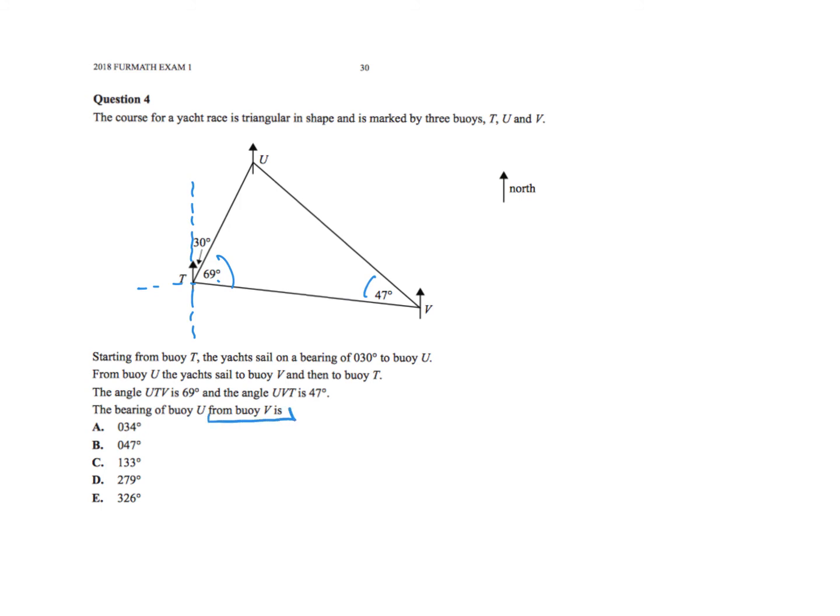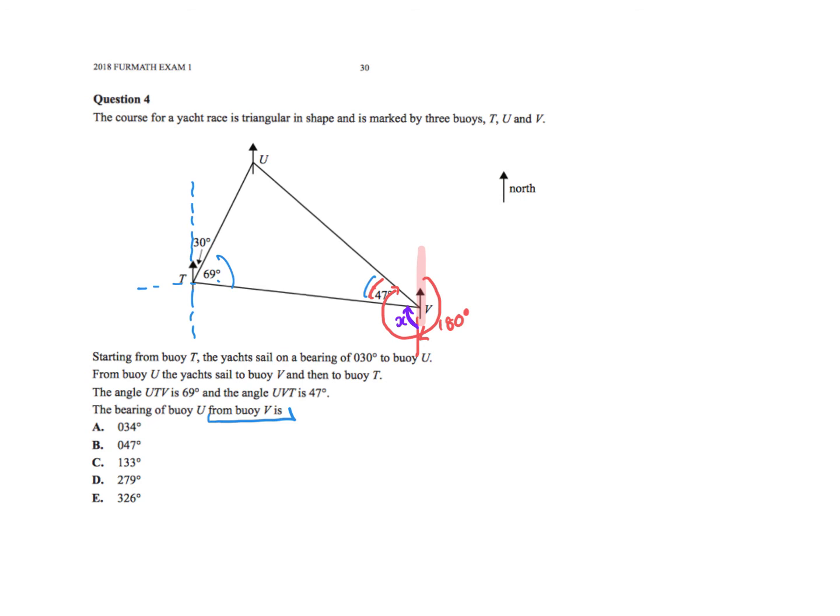So that means you start at buoy V's north line, and you're going to go from that north line all the way to the line that joins U. Okay? So you have a few things in here. So you can see that down to this bit would be 180. So really what I need, and I've got this bit's 47, so I probably need this angle in there.